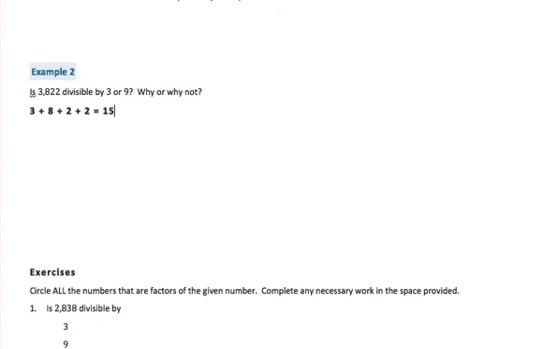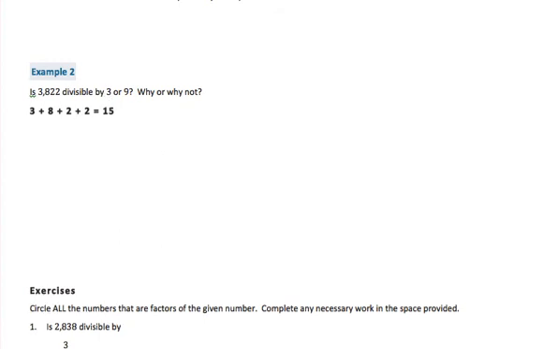Now 15 is divisible by 3, but it's not divisible by 9. So we can determine that 3,822 is divisible by 3 only, not divisible by 9.